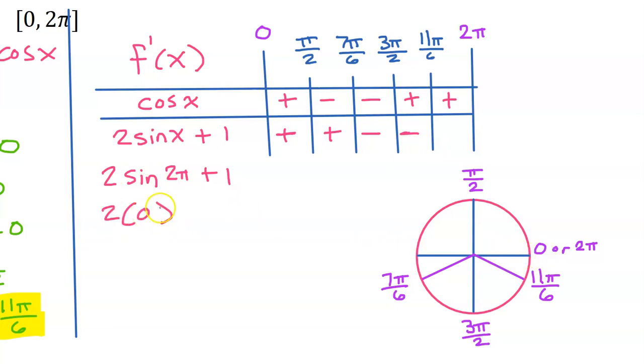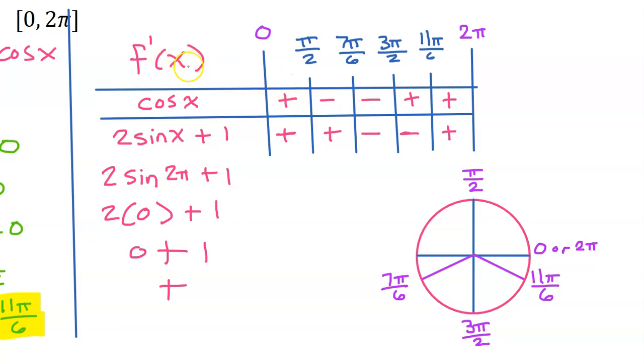So fine, it might not actually be 0, but it would be really close to 0 if you were a teeny tiny bit less than 2 pi. So still, that doesn't matter. It's still going to give you a positive result, because if it's not 0, it's really close to 0. Okay, so it's a positive result.